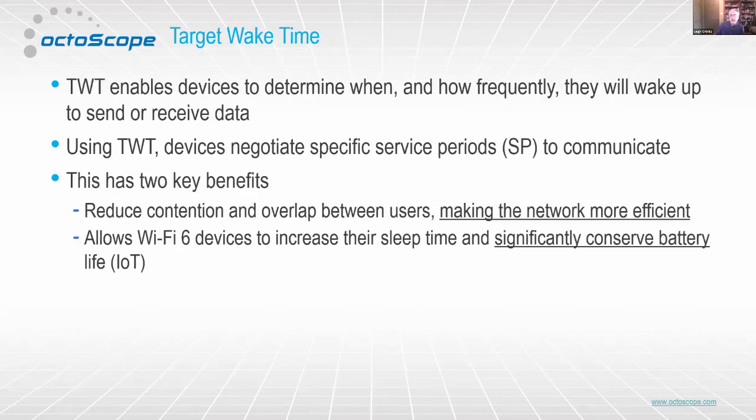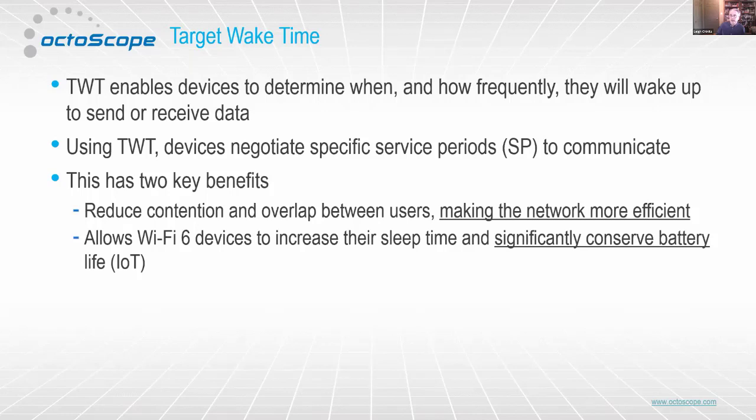So target wake time, very roughly, is technology that allows the station and the infrastructure to communicate and determine when and how frequently the station device is going to wake up to send or receive data. So there's a negotiation between the two to create what are known as service periods. And these service periods have two major benefits. One is the ability to sleep for a long time. It's what I've been harping on this whole time.